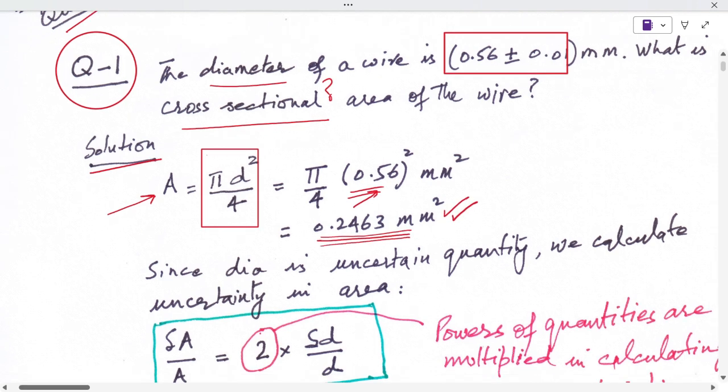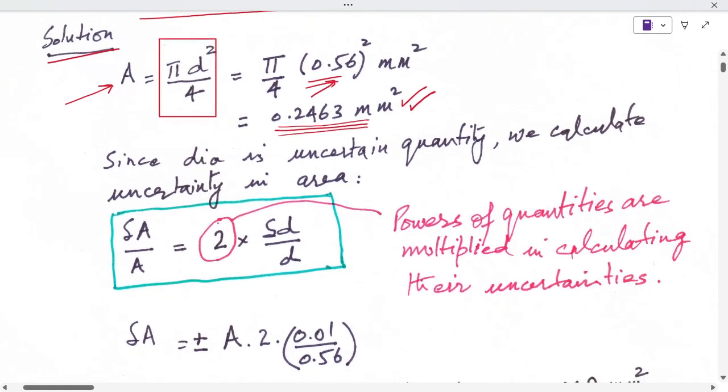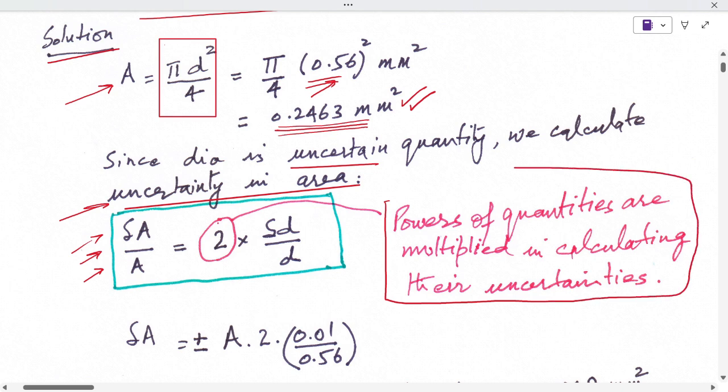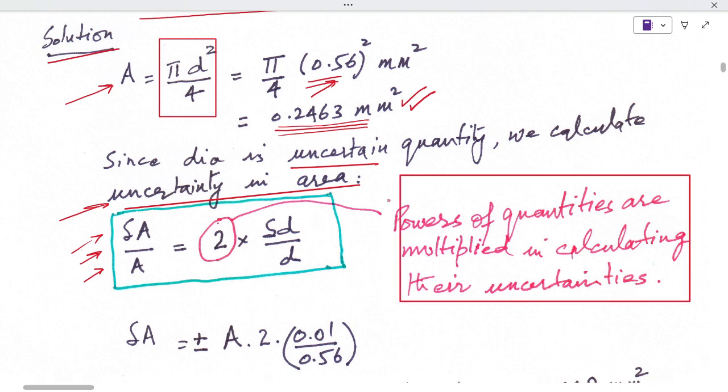As the diameter is uncertain, as it has a plus minus in it, we have to find out the uncertainty of the area as well. So we go on to the fractional uncertainties directly. Please remember that any powers given to the quantities will always be multiplied to the fractional uncertainty.